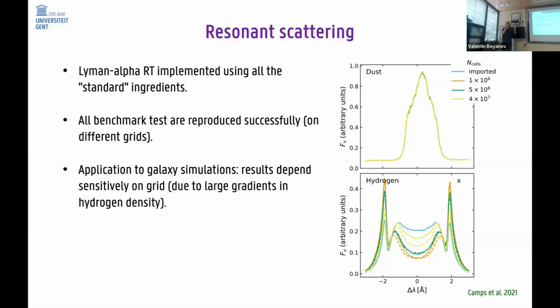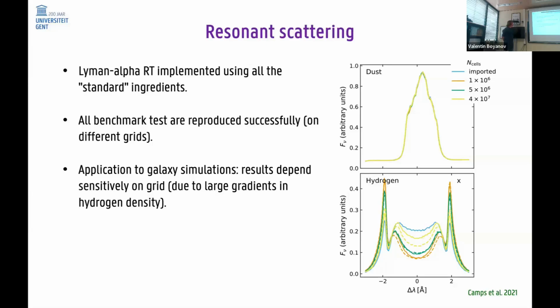If we use an octree grid or a Voronoi grid with twice as many cells, the line profiles can really change completely. If we just have dust, then we have exactly the same results. But with Lyman-alpha, the results are very sensitive to how you put your grid cells.